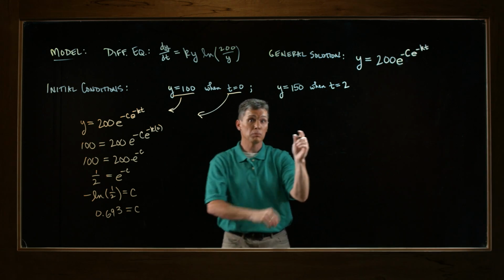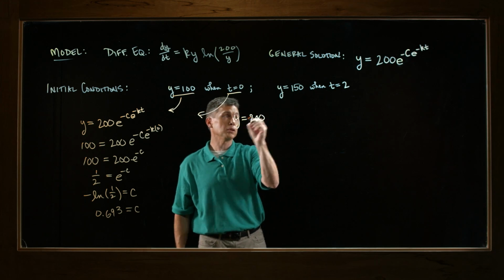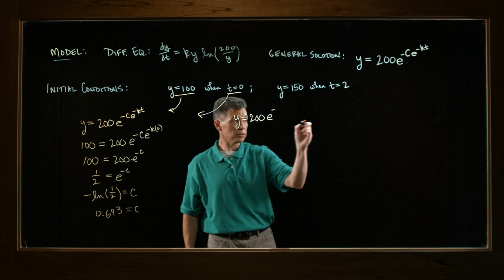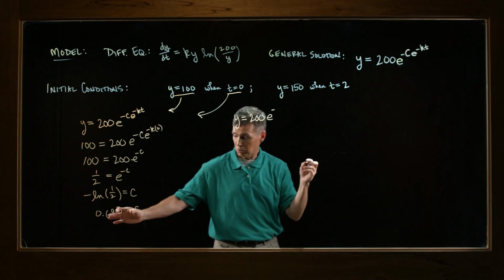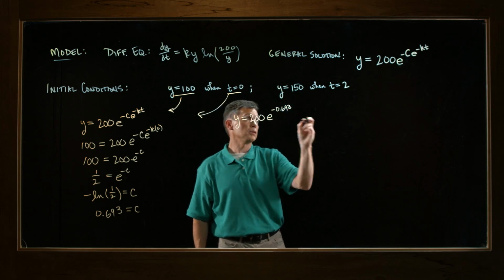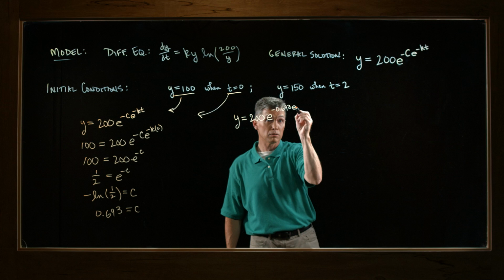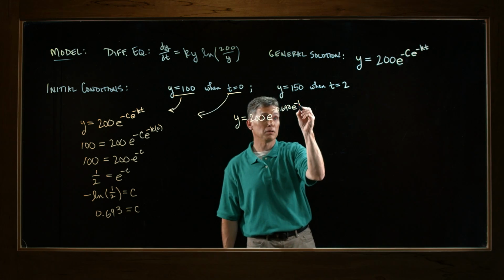So I'll begin back with my general solution, y equals 200 e raised to the negative c, which I now know is 0.693, and then the rest of it is multiplied by e raised to the minus kt power.